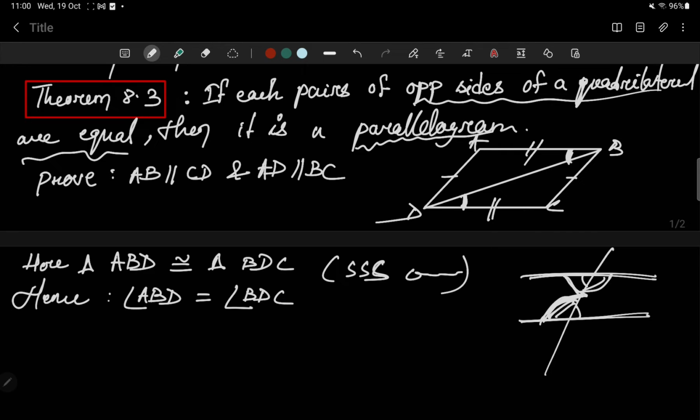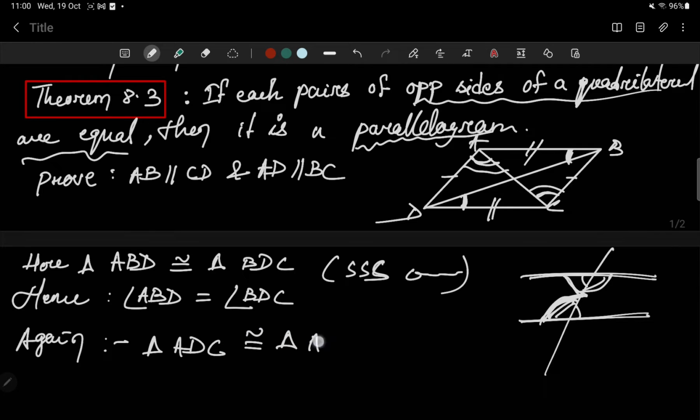Similarly, if we draw another diagonal here, we can say that angle DAC is equal to angle ACB. Again triangle ADC is congruent to triangle ABC, due to the same SSS congruency.